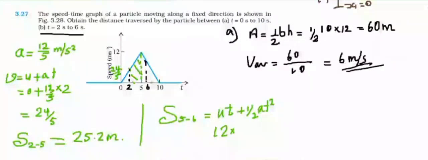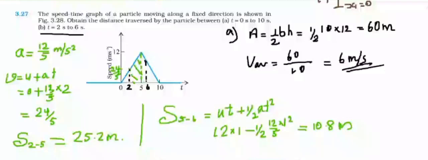We are calculating from 5 to 6 seconds only, so time will be 1 second. Then here you have to see acceleration will be negative, because the same slope will come but in the negative direction. So minus 12 by 5 will be acceleration into t square. So you will get the answer around 10.8 meter.